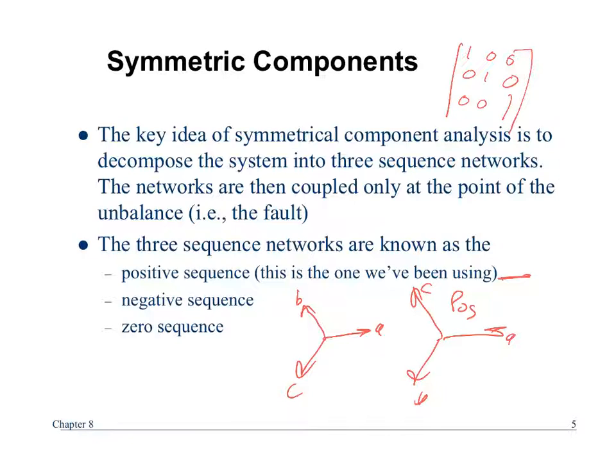Why do you think it's called negative? Normally we rotate this way, and we see ABC. What if we take the negative of the rotation? Do we still say ABC? No, if you operate in the opposite direction, you see A, then C, then B. So if you rotate ACB rotation in the negative direction, you end up with ABC rotation.